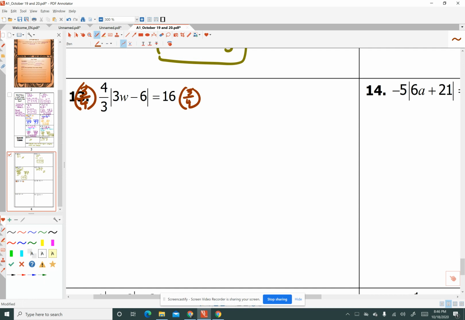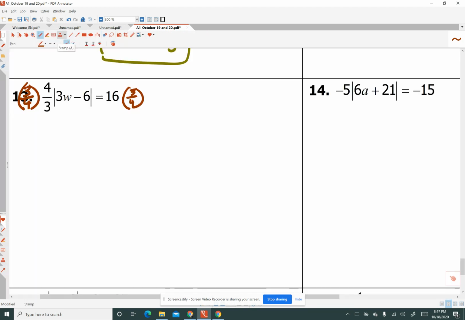And this will cancel, and I have the absolute value of 3w minus 6 equals, now let's do a sidebar, 16/1 times 3/4. We can simplify that, which equals 12. So now we have our absolute value term isolated.